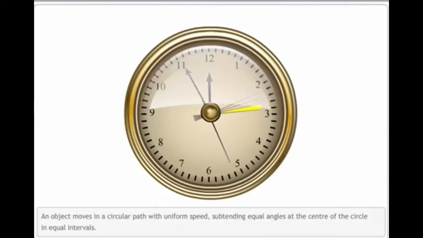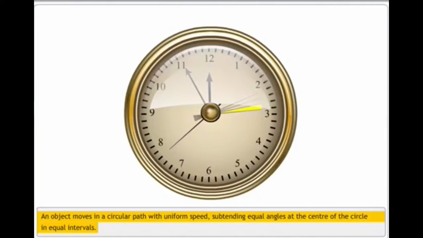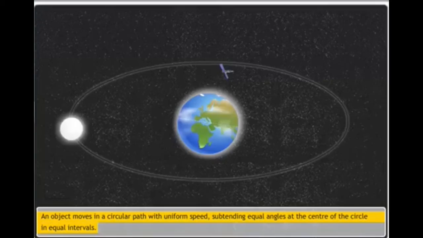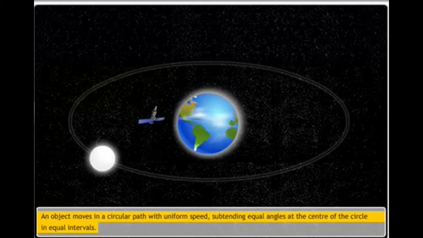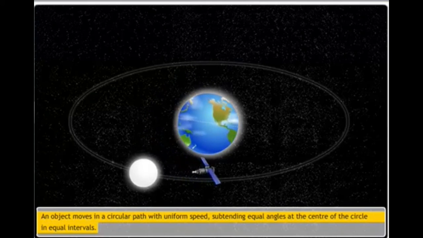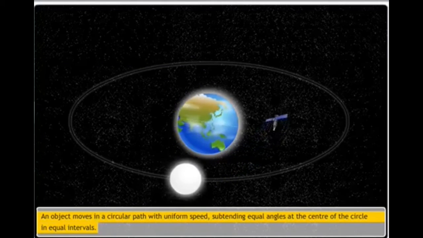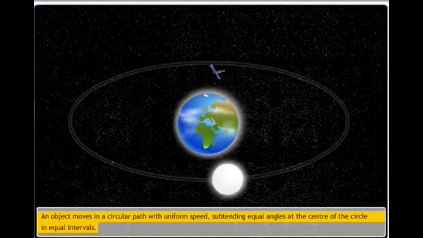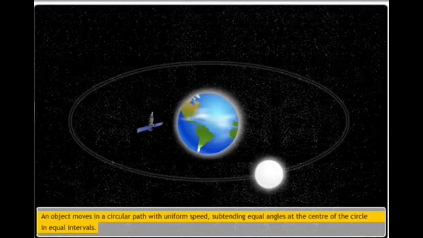Such a motion, when an object moves in a circular path with uniform speed, subtending equal angles at the center of the circle in equal intervals, is called uniform circular motion. Other examples that you can relate to include the rotation of the moon and the earth, a satellite in a circular orbit around the earth, and so on.